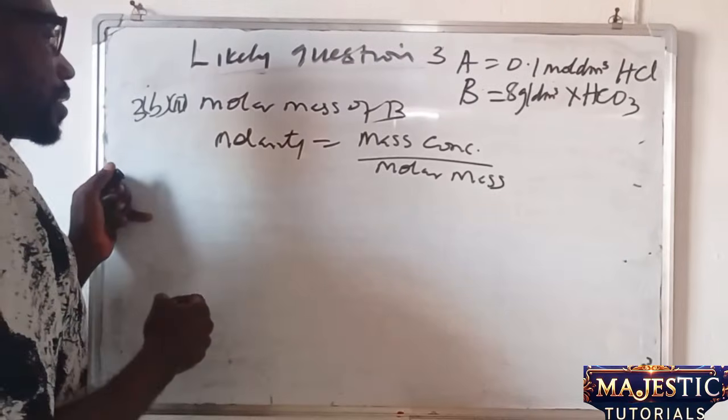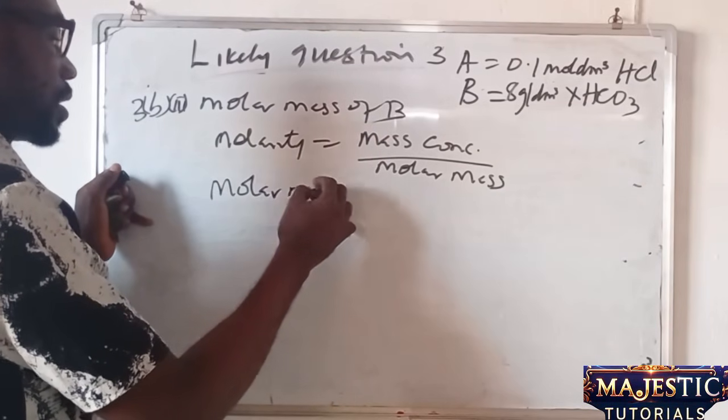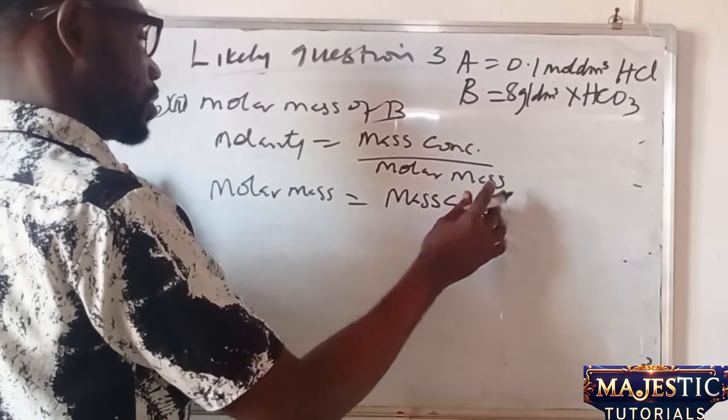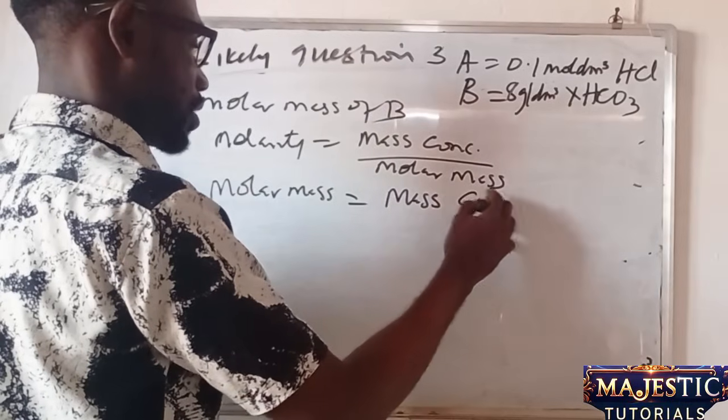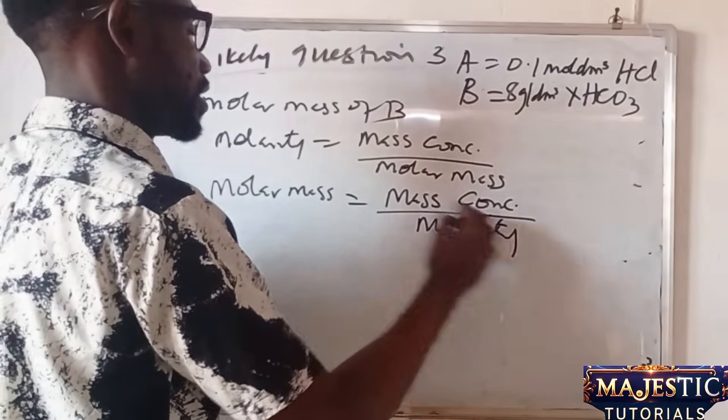Our molar mass is what we don't know, so make it the subject of the formula. Molar mass is mass concentration all over molarity, where molarity is mole per dm cube.